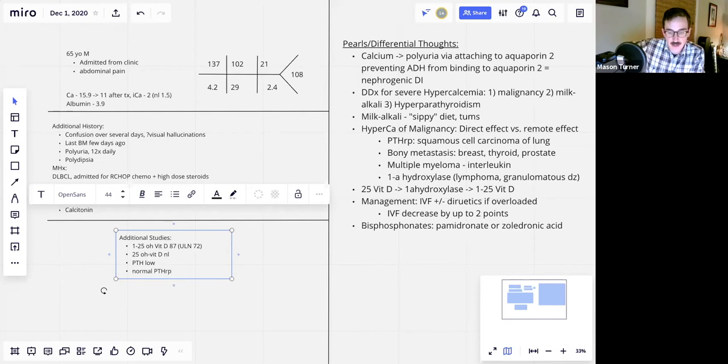And then he improved somewhat with his treatment at that time, and then was readmitted with the symptoms of abdominal pain, and this time with the calcium at 16.